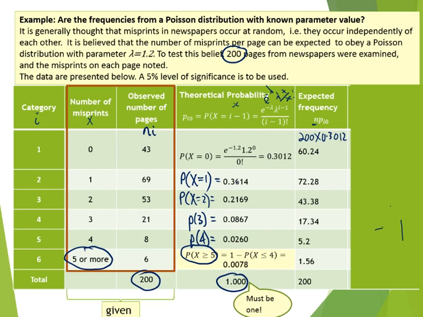My numbers that I've given here are rounded. Always work with as many decimal places as your calculator would allow, right until the end. Then you may round. So 72.28 is 200 times 0.3614. And so you do for all the categories. 0.0078 times 200 is 1.56, and you check that the total is 200. It must be the same as your original observed frequencies. These you can also indicate by your expected frequencies, capital letter Ni.